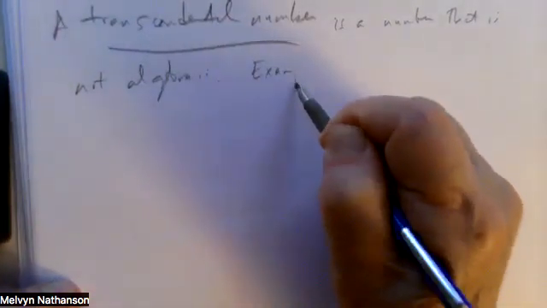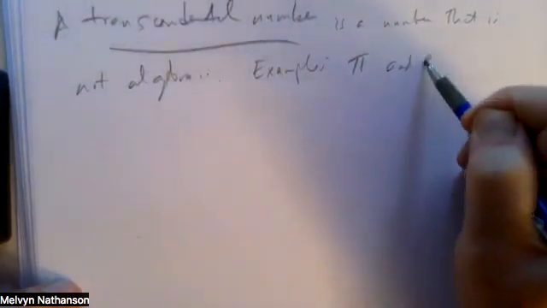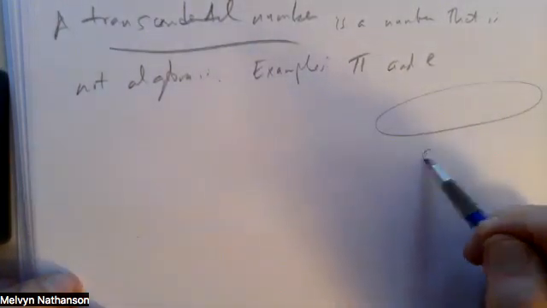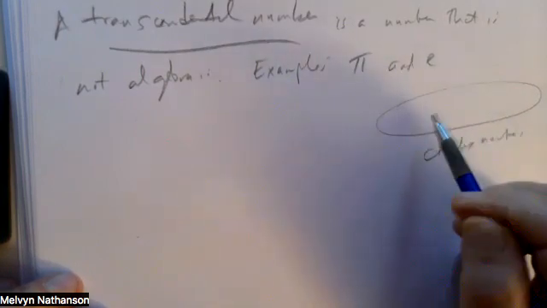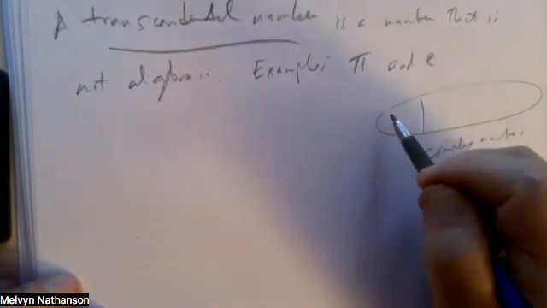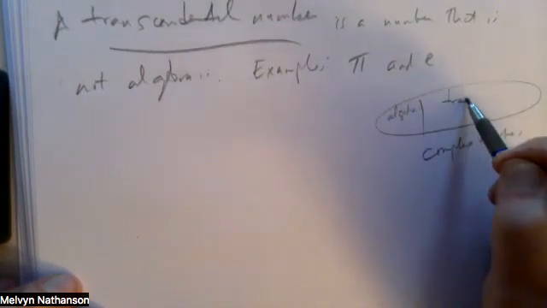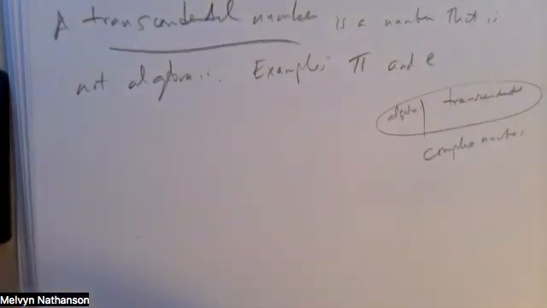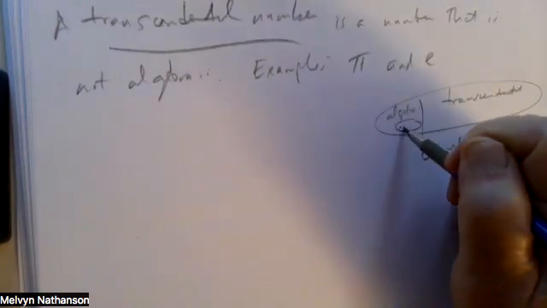But two examples that you know and love are pi and e. So if you look at all the numbers, all the complex numbers, you have the algebraic numbers and the numbers that are not algebraic, which are transcendental. And sitting inside the algebraic numbers are the rational numbers.